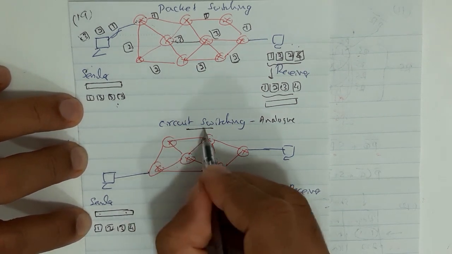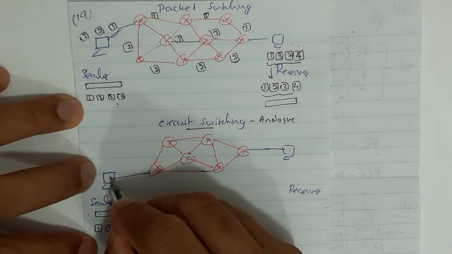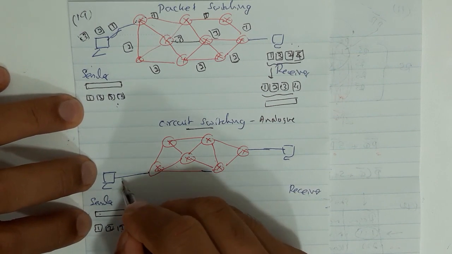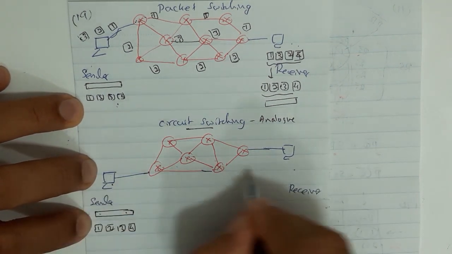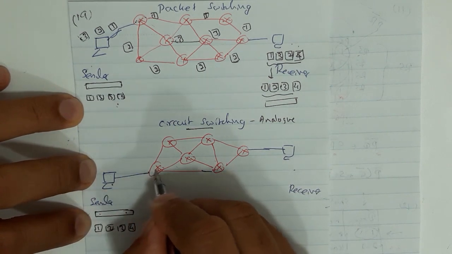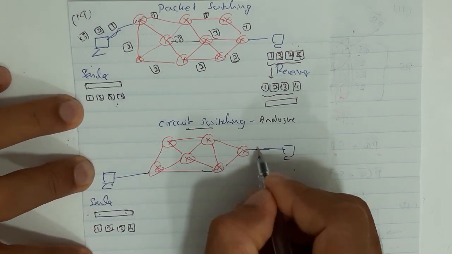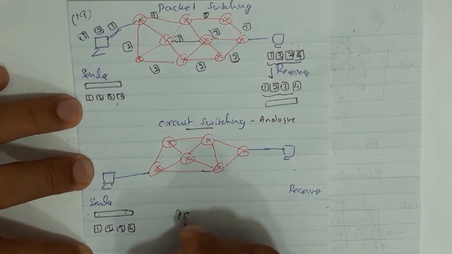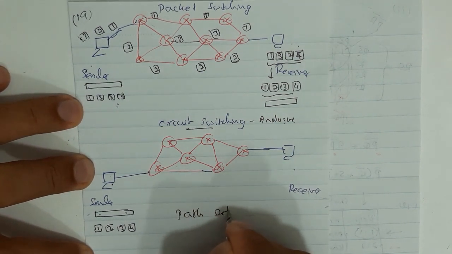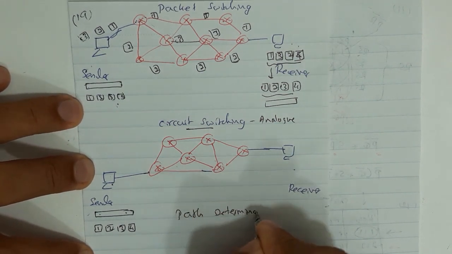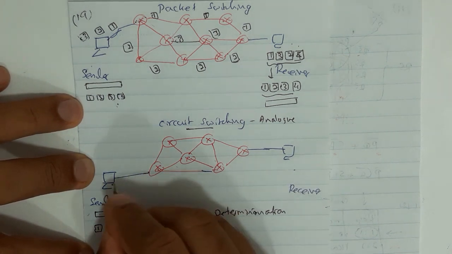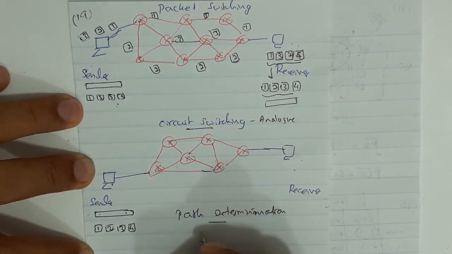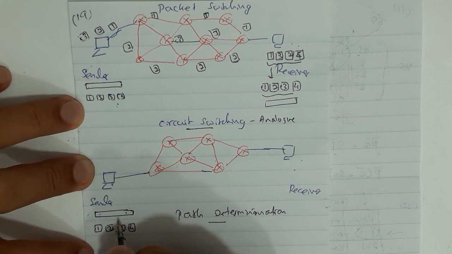The rule behind the circuit switching is, before delivering the data, the sender and the receiver come to a decision which path is going to be selected for the data communication. This is called path determination. They will determine the path in between the sender and the receiver. This is done prior to sending data.